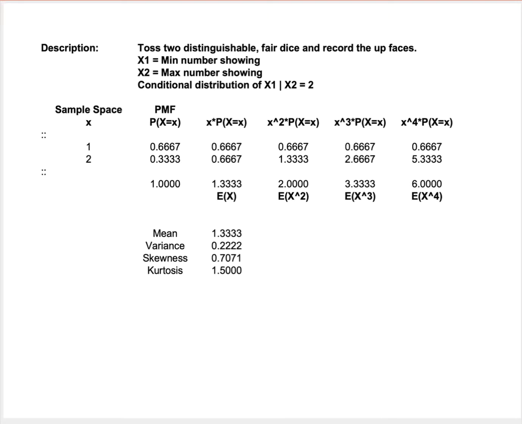Now let's look at the situation where we're conditioning on x2 being equal to 2. Here we have the sample space along with the values of the PMF, and then the mean, variance, skewness, and kurtosis for this conditional distribution get computed automatically by the spreadsheet.